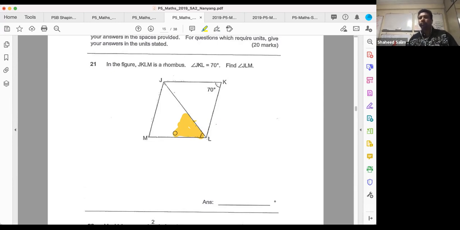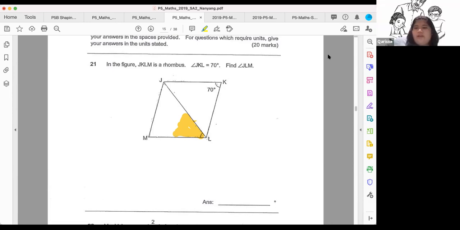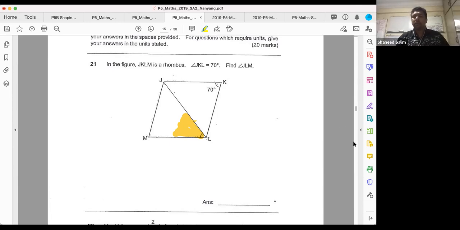What about the rest? You're tired already? I know you can tahan, but the rest now look layu already. Shalina, are you okay? Your head is a little bit slanted. Naomi, are you okay? Farish, I don't know.